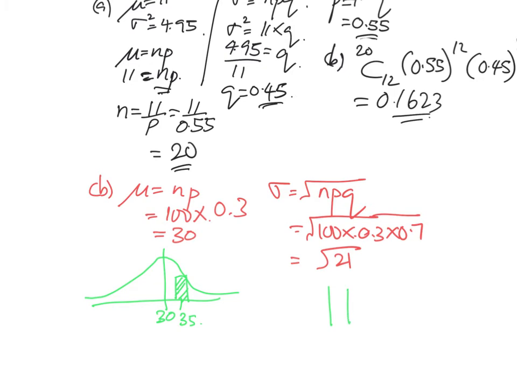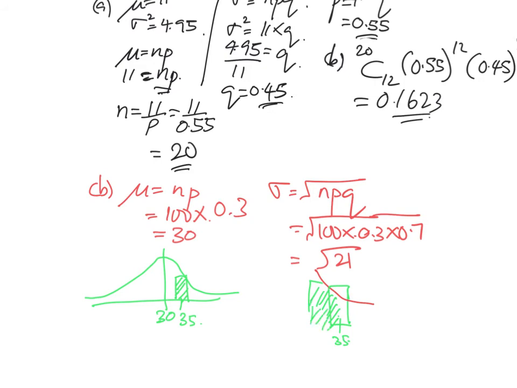Let's say I have a bell curve coming down somewhere like this, it doesn't have to be accurate. So we are not looking at 35, we are looking at anything less than 35.